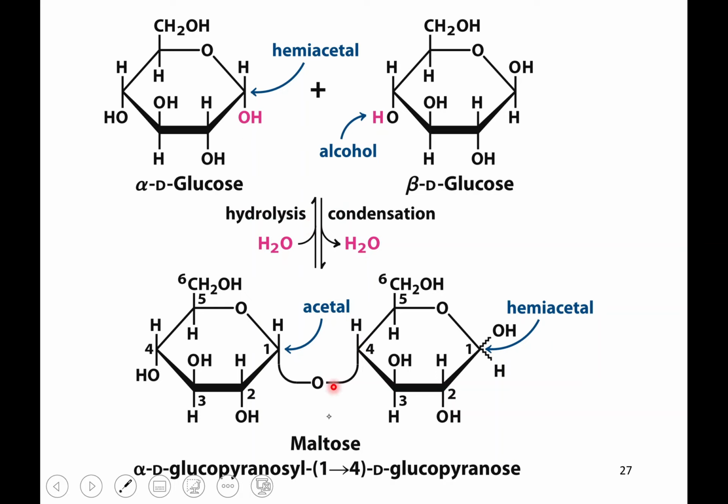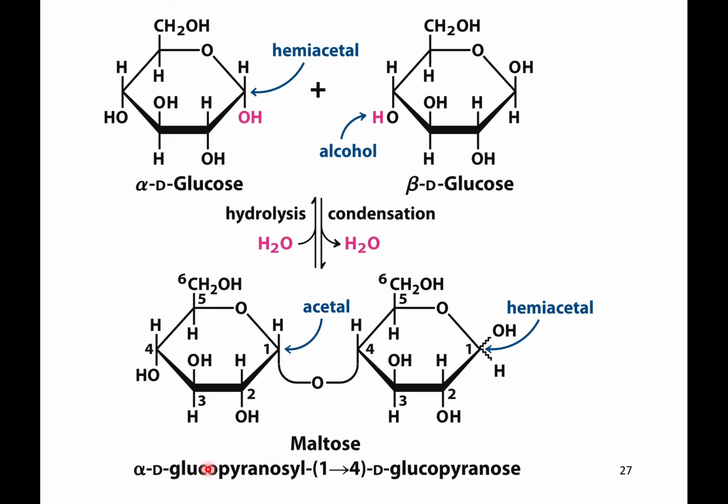What's left is a bond between the anomeric carbon 1 on the left glucose monomer and the oxygen, the OH group, on carbon 4 of the right glucose. How you write this out, you would term this as alpha D-glucopyranosyl.